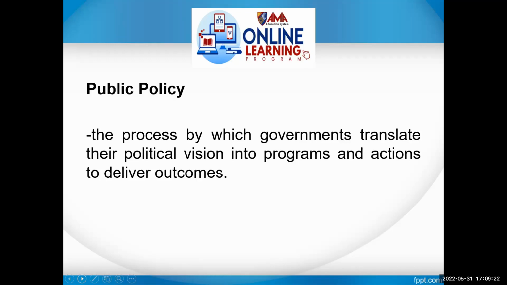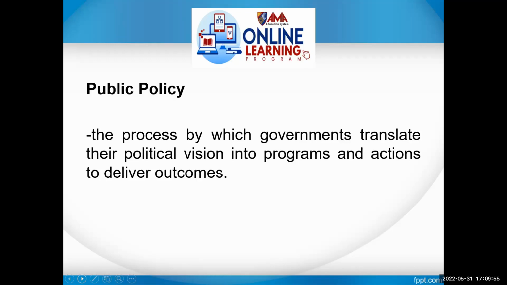Most probably what they have promised during maybe election, or how they were elected or appointed to their positions, to deliver outcomes. So that entire process of realizing what they have promised or what they have said before, and now as the government of their own independent nations, we call that public policy.